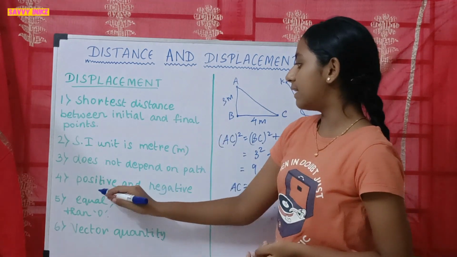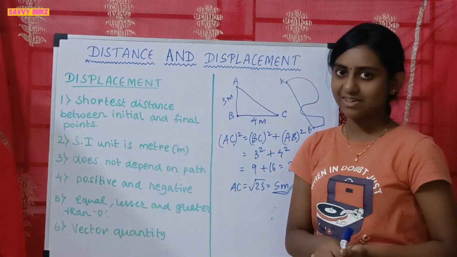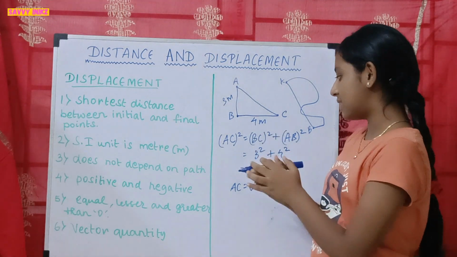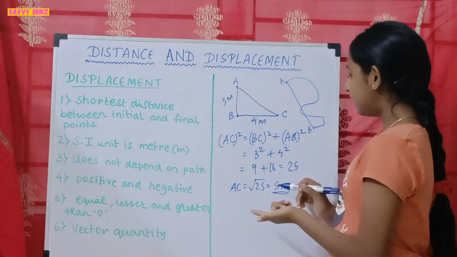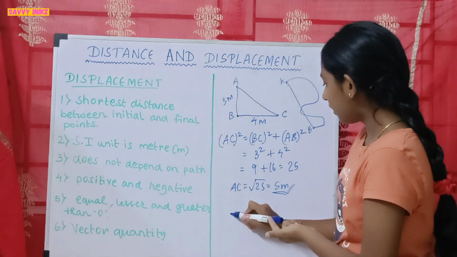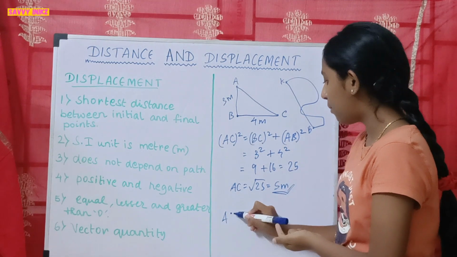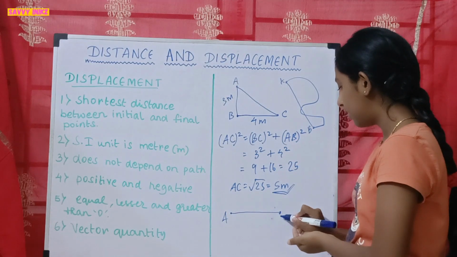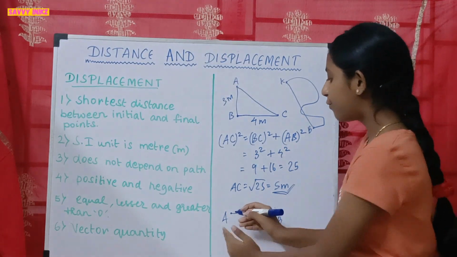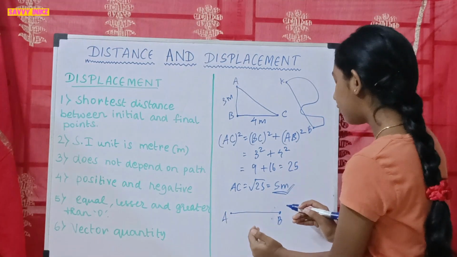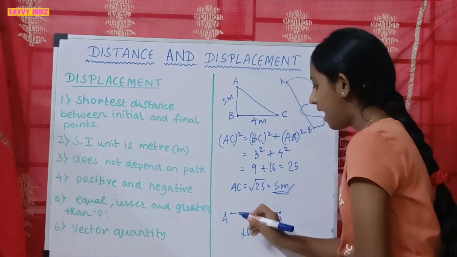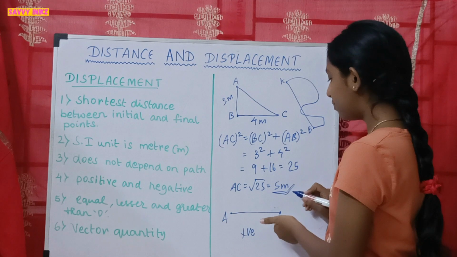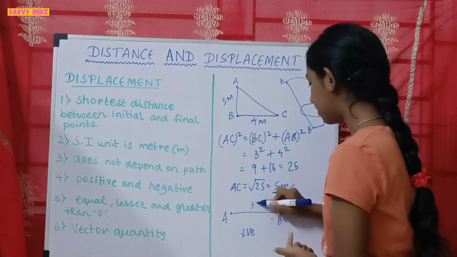Now, displacement is positive as well as negative. In this case, it is positive. When will it be negative? In this case, a body is moving from A to B. From A, you can take the right side as being positive, and A to B is 3 meters.